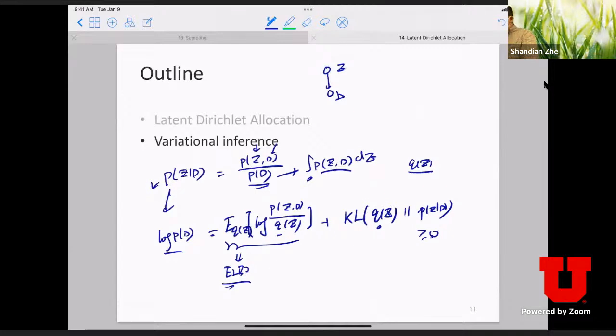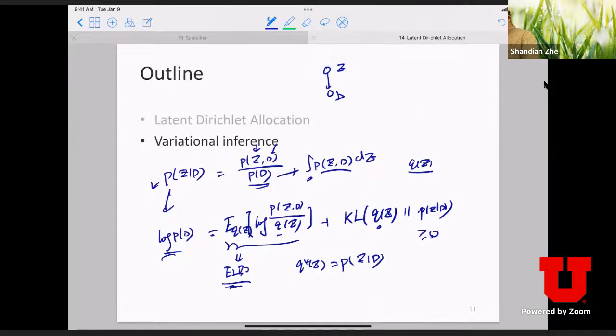Since the log evidence is fixed, maximizing the evidence lower bound is equivalent to minimizing the KL divergence. If you don't put any constraint over Q of Z, theoretically, if you can always find the best Q of Z which maximizes this ELBO, then your optimal Q of Z will be the true posterior distribution.